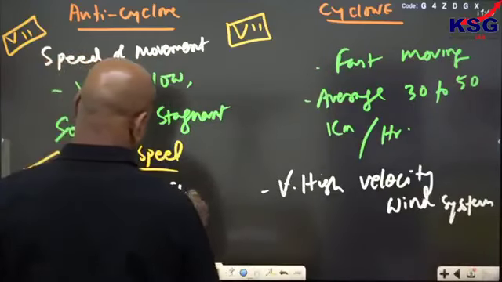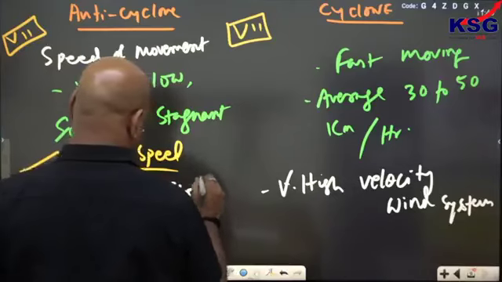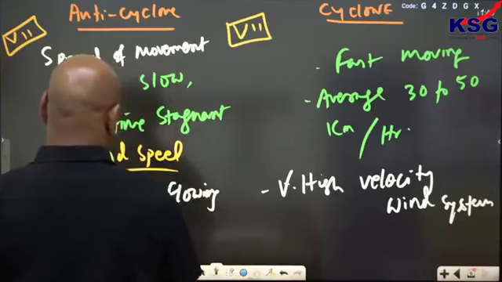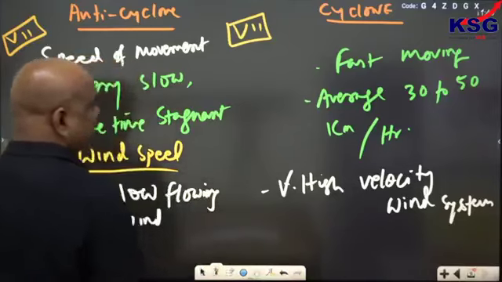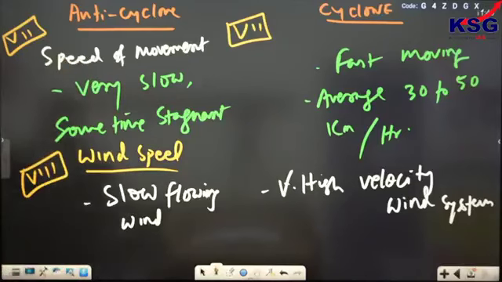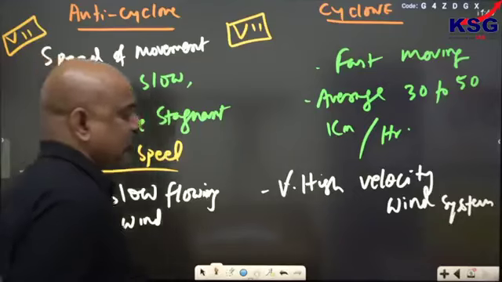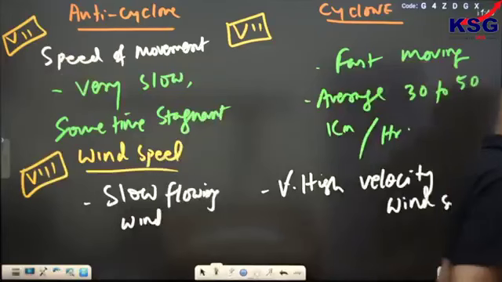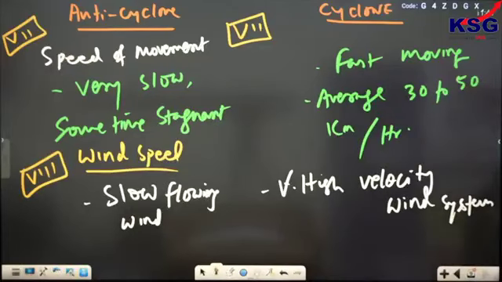Slow flowing wind, very high velocity wind in that case. So these are the differences between cyclone and anticyclone. I hope you got some idea now about these two. Some idea you got about the cyclone and anticyclone? कुछ तो आइडिया हुआ? I hope it is clear to all of you.